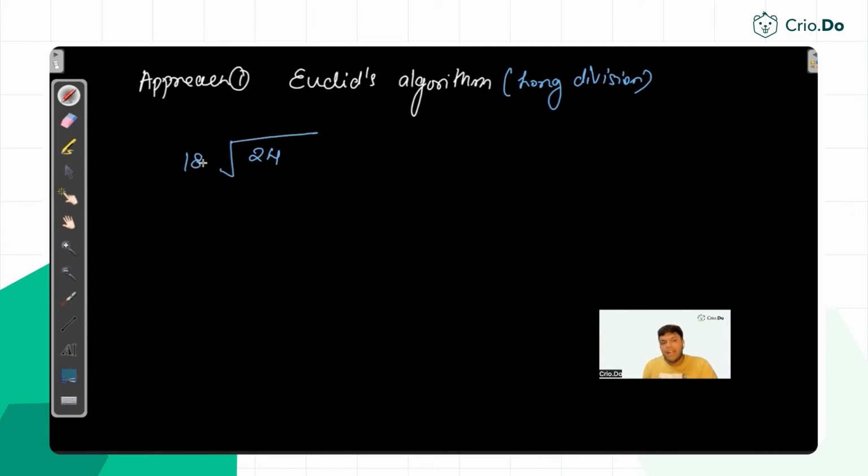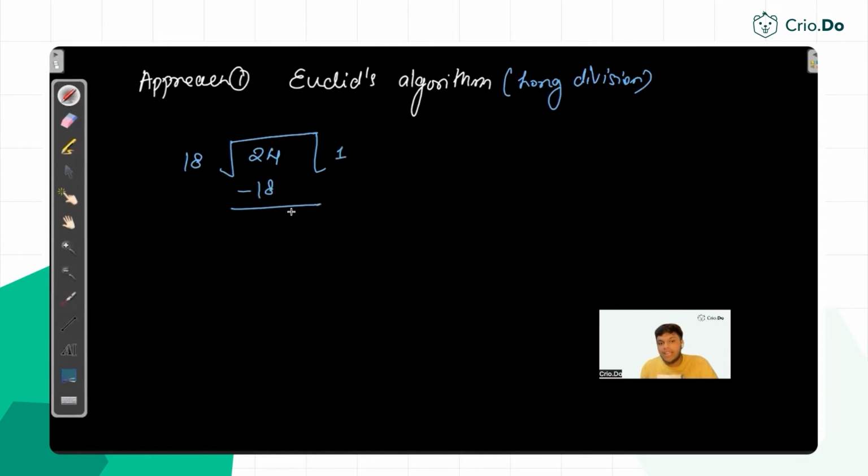We will try to divide 24 by 18. Obviously, there will be some quotient and some remainder. When 18 is the divisor and 24 is the dividend, 1 will be the quotient. We are not actually caring about the quotient. What we only need is the remainder.